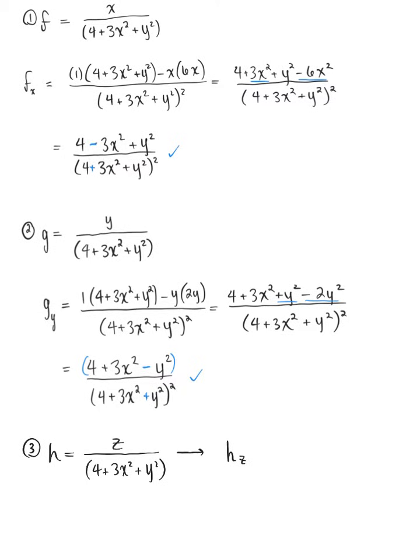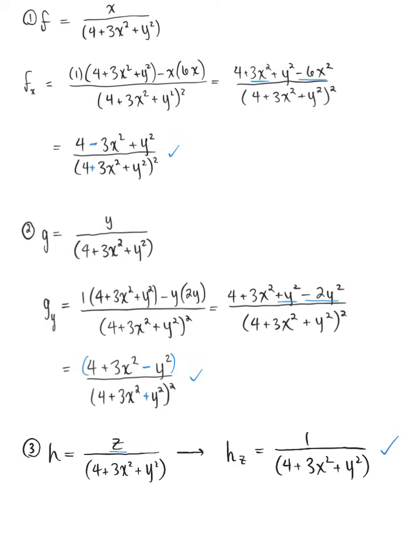Notice if we look at this component, we only have one z here. It's in the numerator. So that denominator is just a constant. So we're left here using just the power rule. The partial derivative of h with respect to z is just 1 all over 4 plus 3x squared plus y squared. And we're all set.